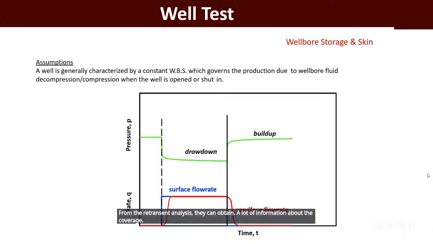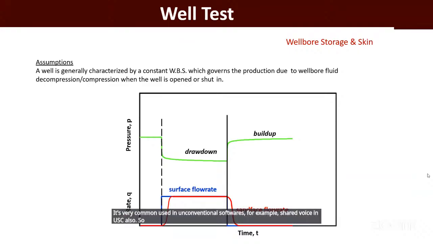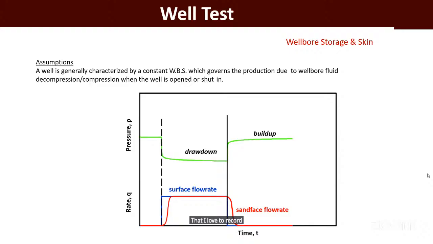It's very commonly used in unconventional reservoirs, for example, shale oils in the USA. So they use rate transient analysis, not pressure transient analysis, which is another technique that allows us to record the pressure. And we don't need a huge time resolution. It can be a reading per day in order to obtain the volume and assess the reservoir properties.